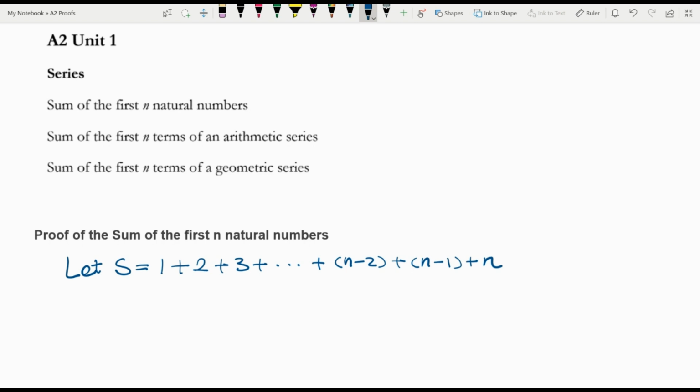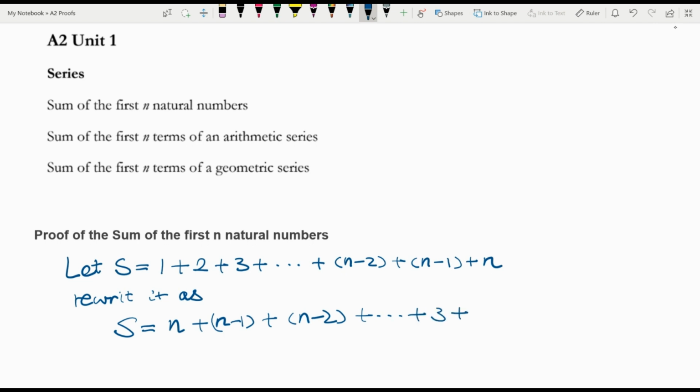And we rewrite this in reverse order. So we start with the last term, the nth term, and then the n minus 1 term, and that ends with 3, 2, 1. We name those two equations 1 and 2.